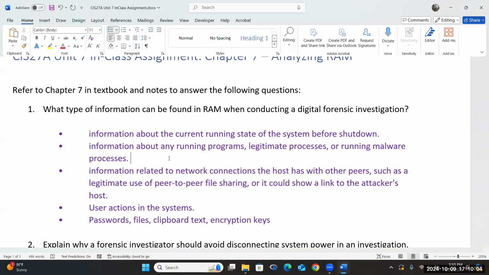Now, if the user uses an application or accesses a certain thing, that is also going to be shown in RAM. So those are the things, and you can find that information on the first page. I simply summarized it.